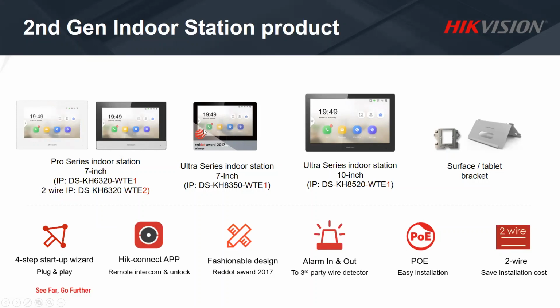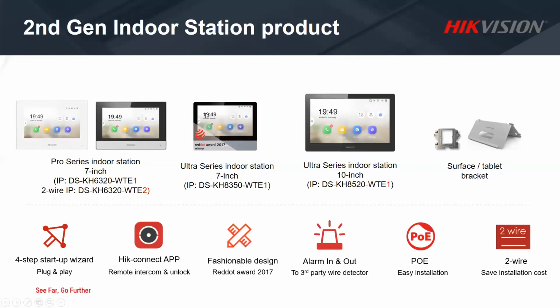In the middle, this one is our award-winning indoor station. This is my personal favorite. Aesthetically speaking, it's more pleasing. And there's a physical unlock key button here. When someone calls, you can just click on that to open the door, while on the others, you need to find the unlock button on the touch screen. So this is much easier to use.